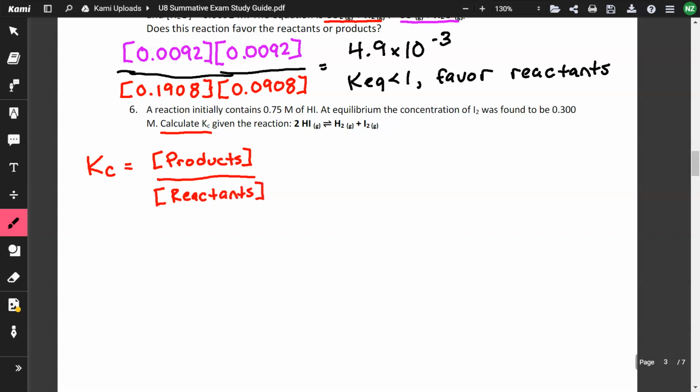Okay, so we want to be able to plug into that eventually. We're going to need our equilibrium concentrations of everything. Unfortunately, the only value it gives us is the one for I2, iodine. So we're going to need to do a Rice table to figure out everything else.